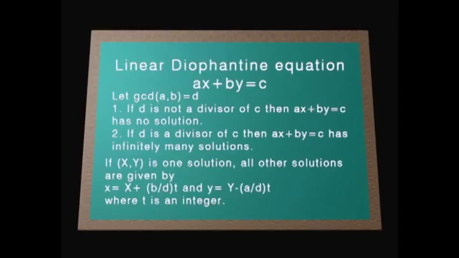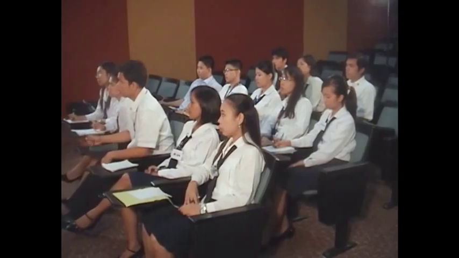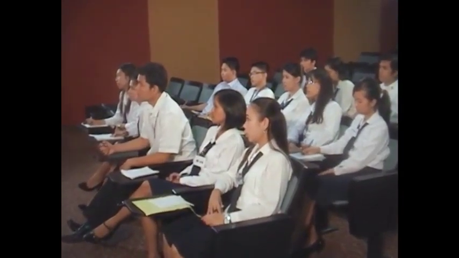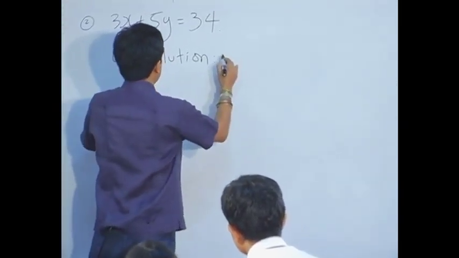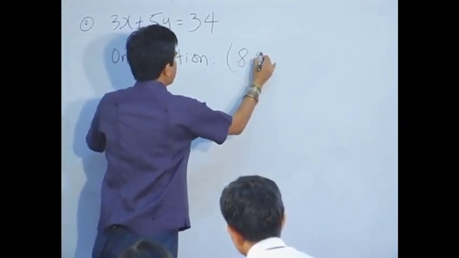Now, let us illustrate this statement. How is it possible that all possible solutions can be obtained from just one solution? If we look at the linear Diophantine equation 3x plus 5y is equal to 34, the first solution we thought of was x is 8 and y is 2.